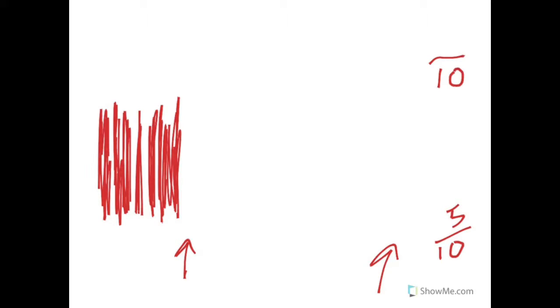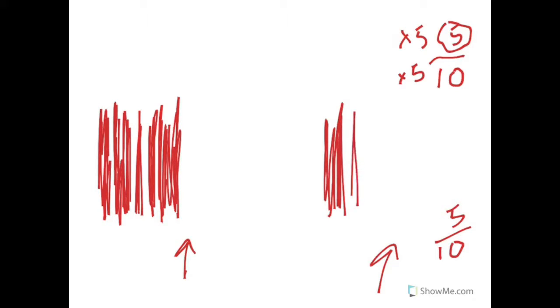Just like if we were finding an equivalent fraction, right? 1/2 equals something tenths. Our magic number would be 5. I'm going to multiply, and we end up with 5/10. So 1/10, 2/10, 3/10, 4/10, 5/10. 7/10 is greater than 5/10 or 1/2. Okay?